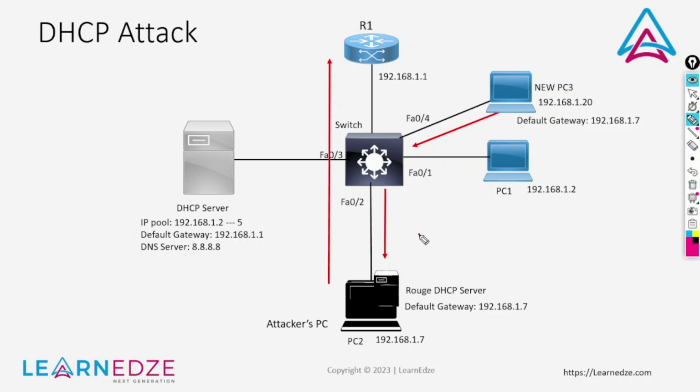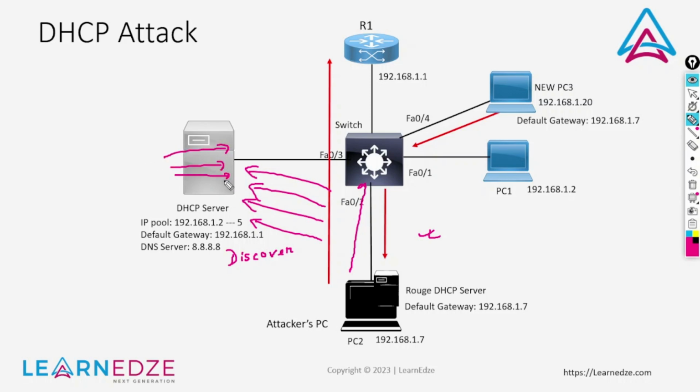Let's say in this subnet, an attacker tries to enter the subnet via the switch and floods the DHCP server with hundreds and thousands of DHCP discover messages. The DHCP server will try to reply to all the discover messages, and eventually it will exhaust its IP pool.